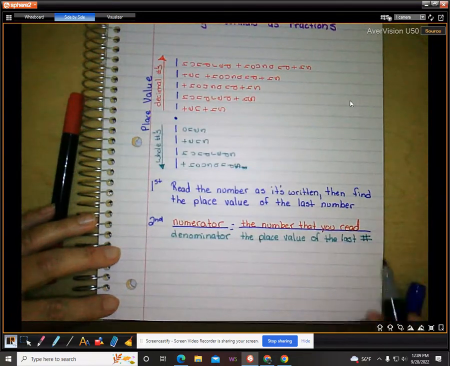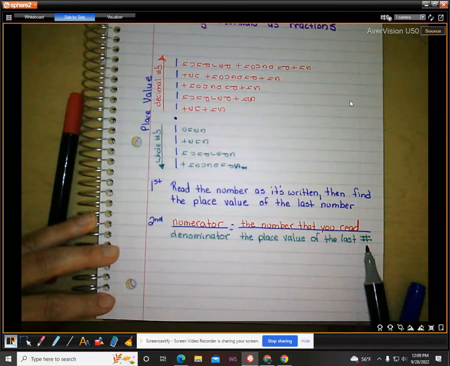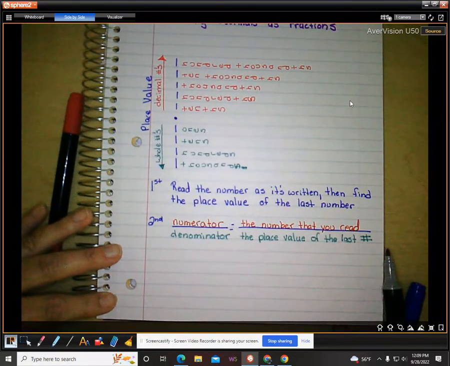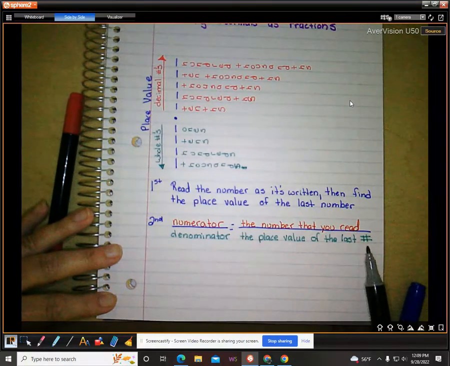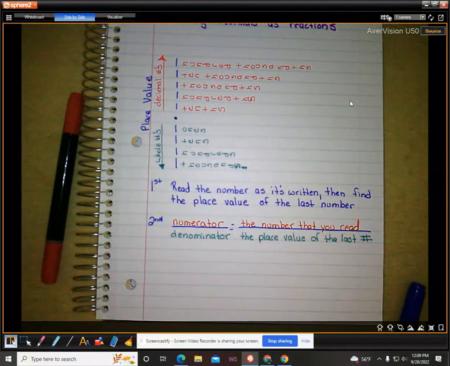This symbol stands for number in math, okay? In science, it'll stand for pound. If you're on social media, it's a hashtag. But in math, that stands for number. So instead of writing out the word number, I can just use that symbol. So your denominator is the place value of the last number.